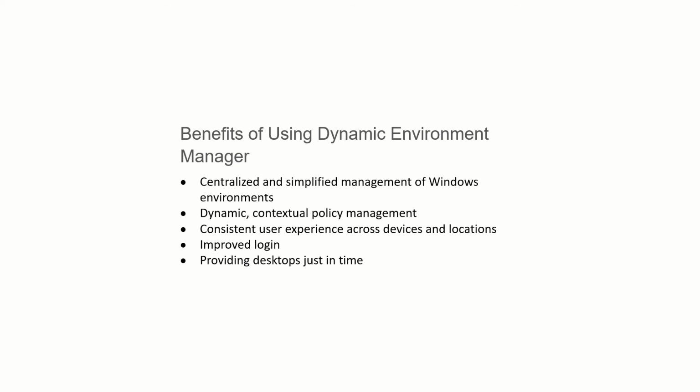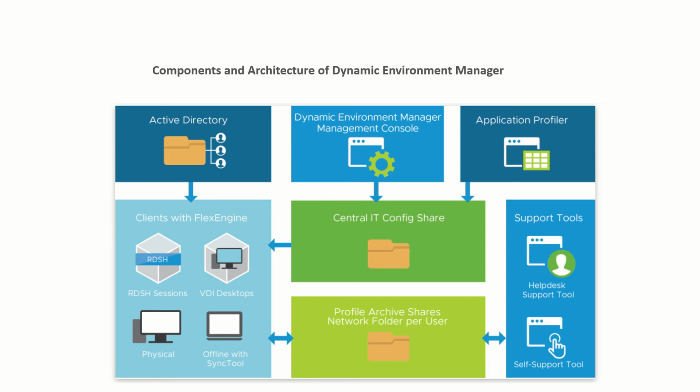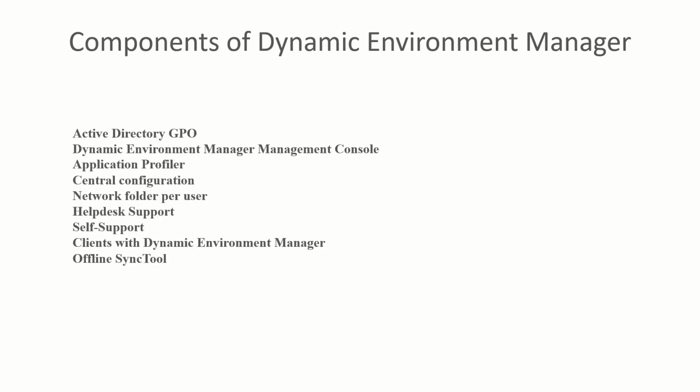Next is the architectural diagram and components like Active Directory, Dynamic Environment Manager, and the Management Console. We discussed these yesterday, but we'll still give an overview, as I collected more data so that you can have in-depth knowledge. For Active Directory GPO, you can create a GPO for each Active Directory organizational unit, nothing but OU, that you want to manage.